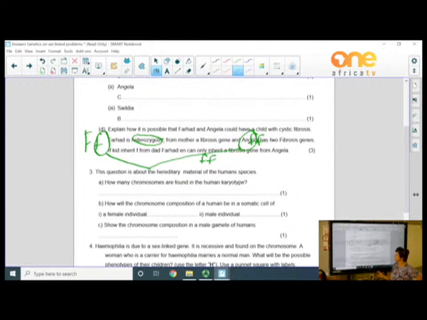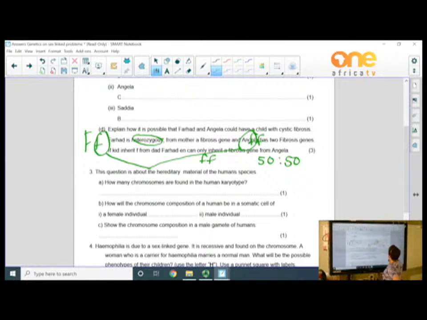And remember, when we have heterozygous crossed with homozygous recessive, there will always be a 50-50 percentage, a 1-to-1 chance of having a cystic fibrosis or an unaffected child.